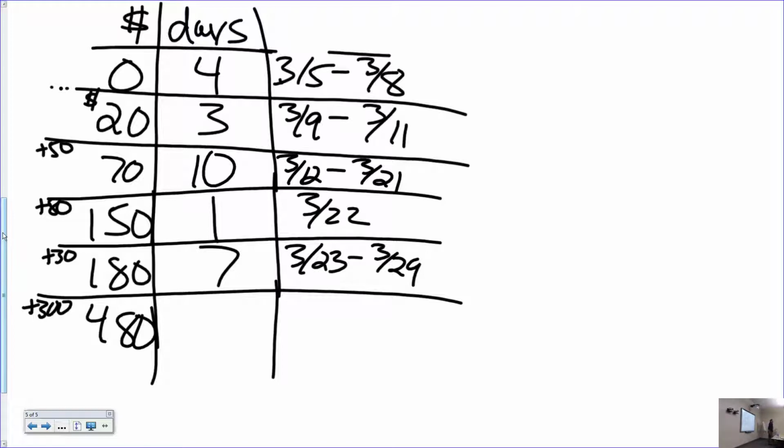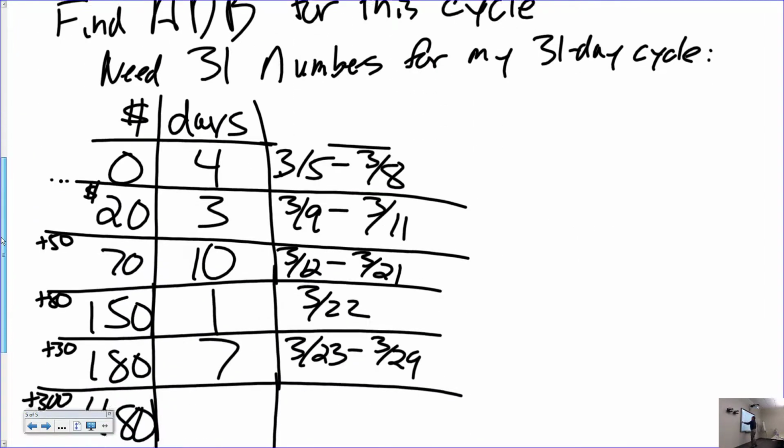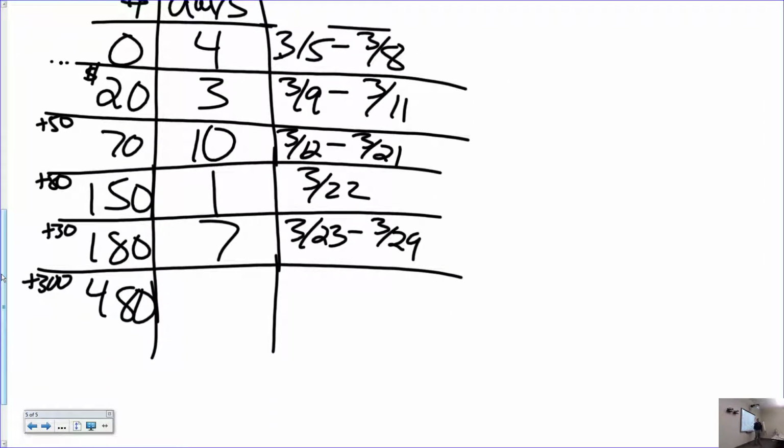Is this just a March billing cycle, folks? When did the billing cycle start? On the 5th. When does it end? 31 days later. How many numbers do I need to have? 31. So without even figuring out the date, folks, tell me what this number has to be.